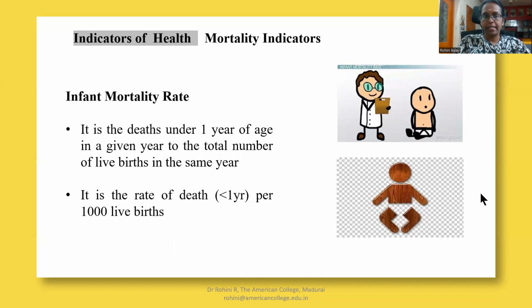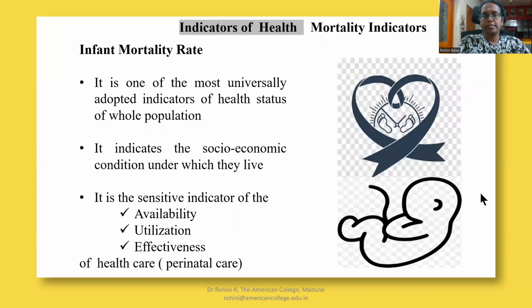Infant mortality rate is the number of deaths under 1 year of age in a given year to the total number of live births in the same year. It is the rate of deaths under 1 year per 1,000 live births. The infant mortality rate is one of the most universally adopted indicators of the health status of a whole population.